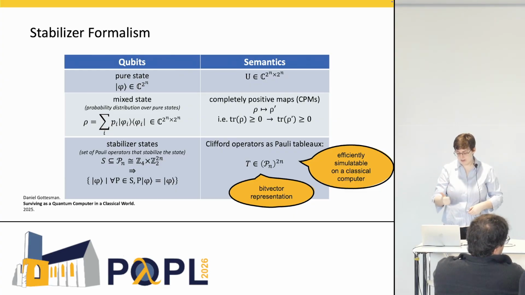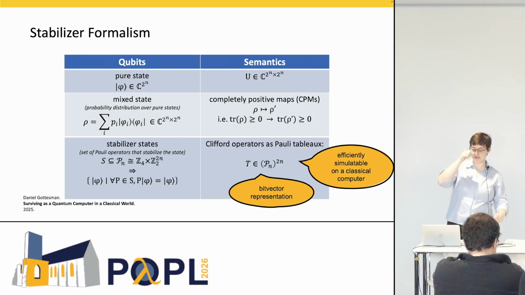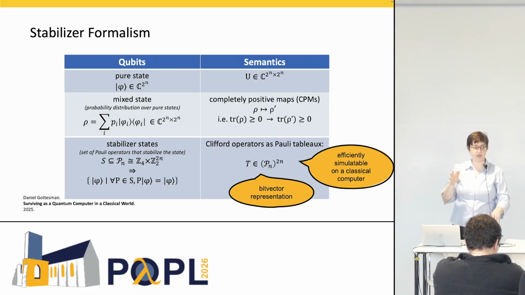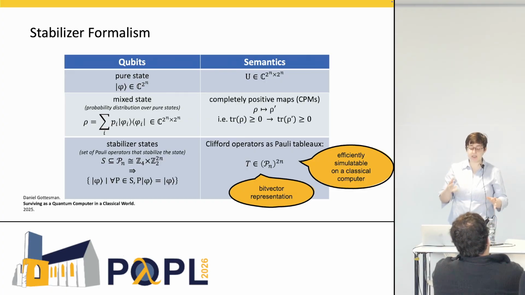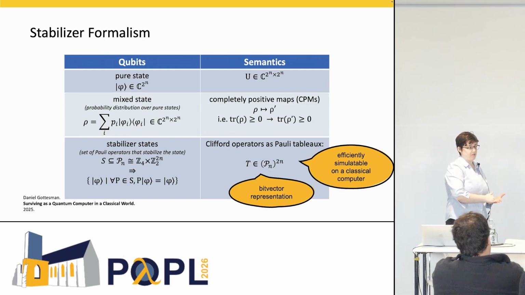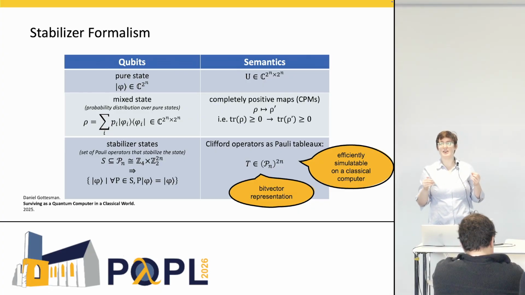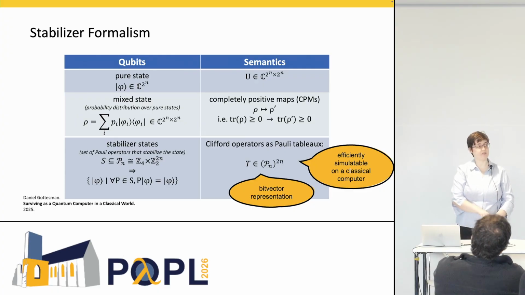And furthermore, not that many bits, because instead of having exponentially many complex numbers, we only have something on the order of n squared bits in this representation. So the stabilizer formalism is actually efficiently simulatable on the classical computer, which contributes to the fact that we are able to analyze it using classical analyses in a pretty efficient way.